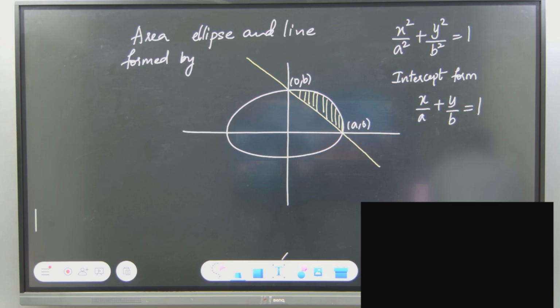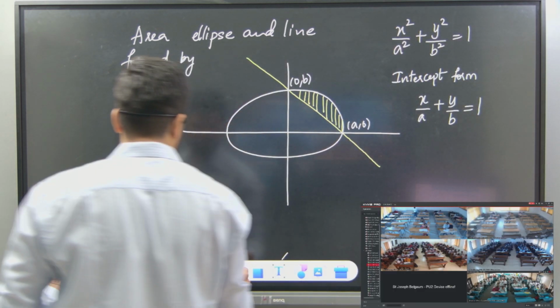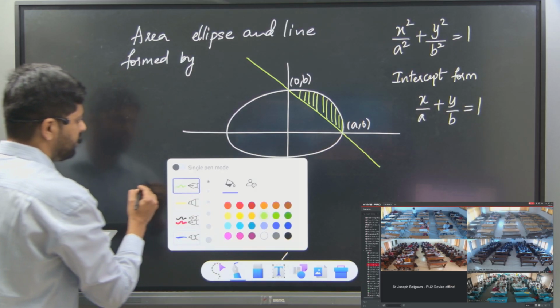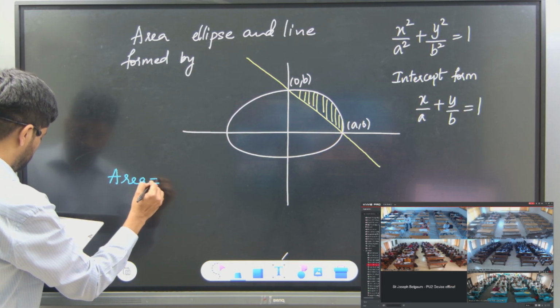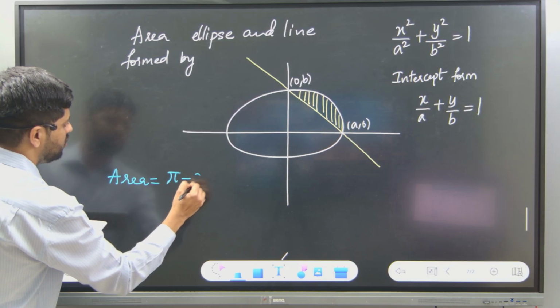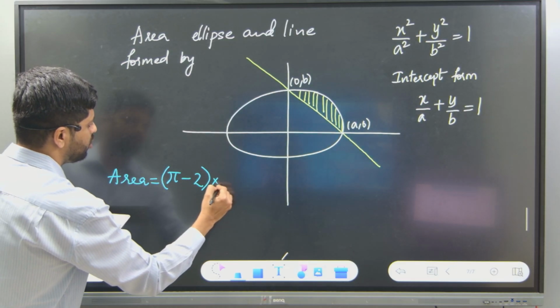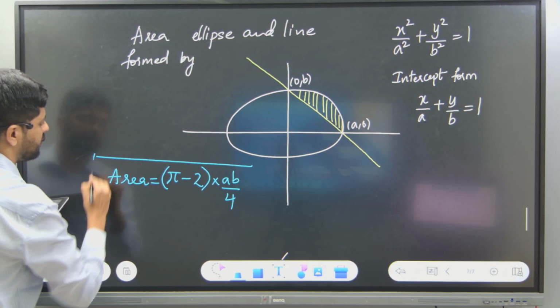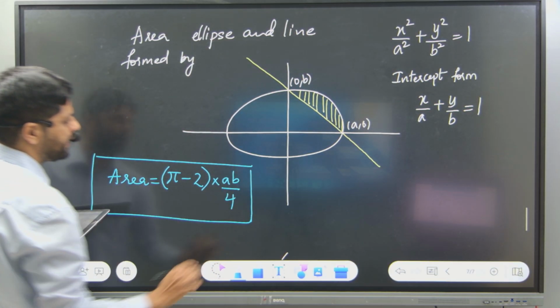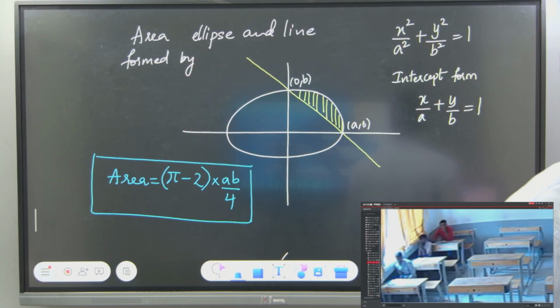So the formula here is going to be, direct formula, area will be equal to pi minus 2 into AB divided by 4. You don't have to do any integration. This is going to be the formula.